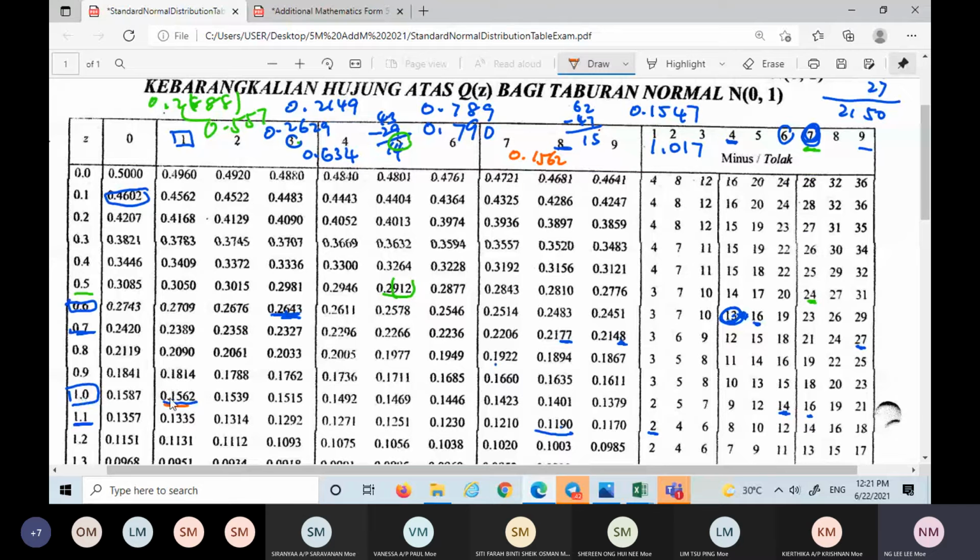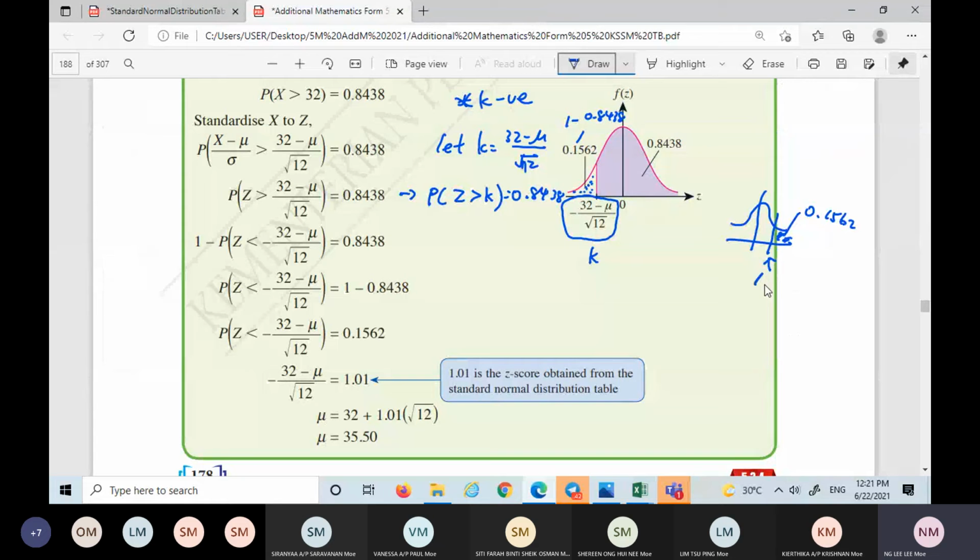So this is 1.01. Therefore, remember your k, with the remark k is negative, is negative 1.01. So you let 32 minus mu divided by sigma 12 equal to negative 1.01, and continue to get the mu.